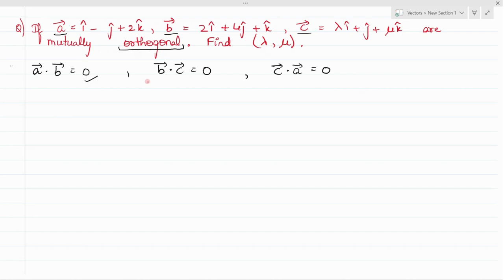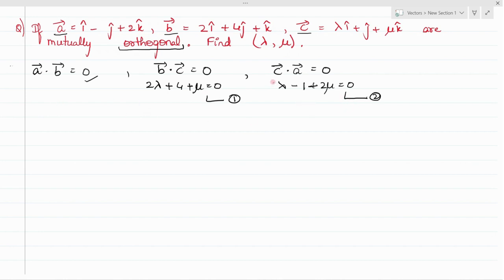B dot C becomes 2 lambda plus 4 plus mu is 0. C dot A is lambda minus 1 plus 2 mu as 0. So when you solve these two equations, you will get the value of lambda and mu.